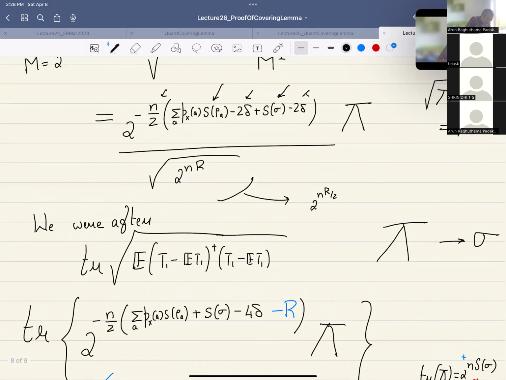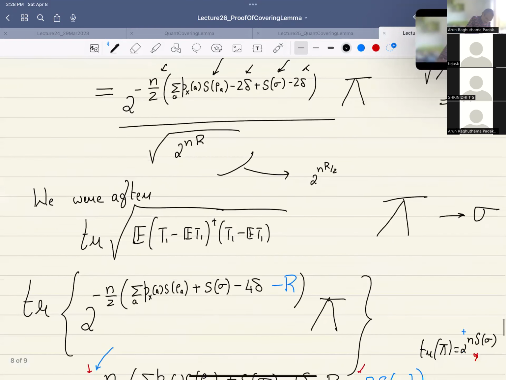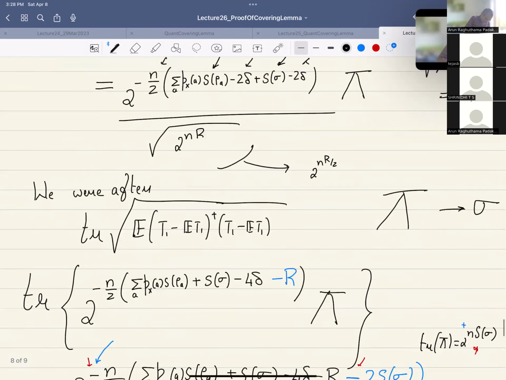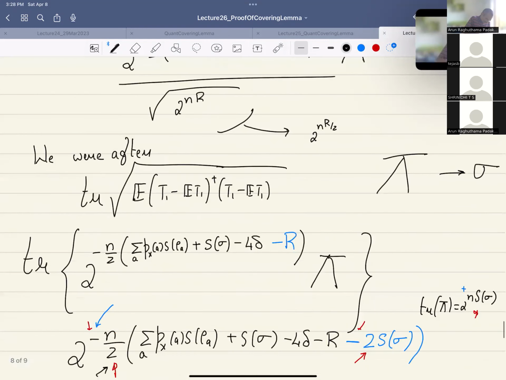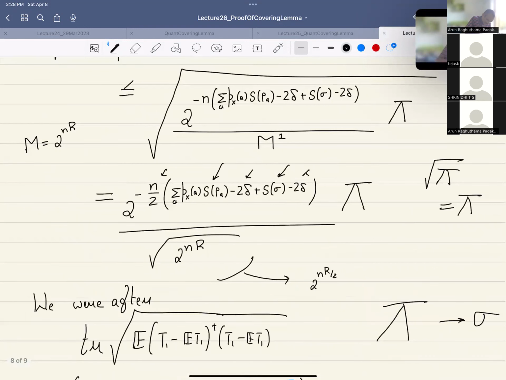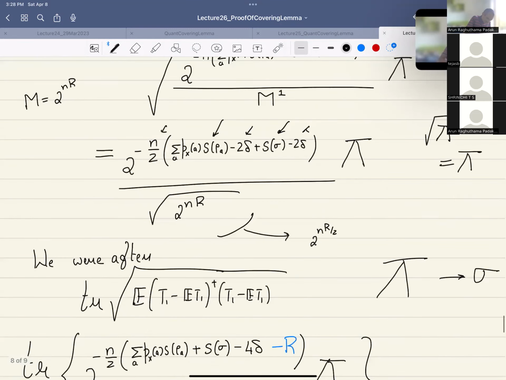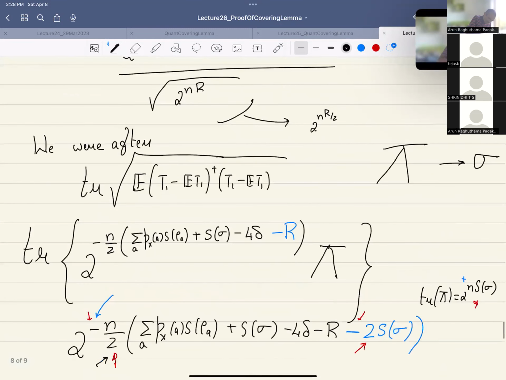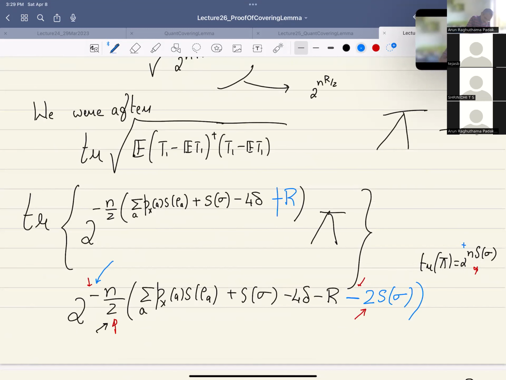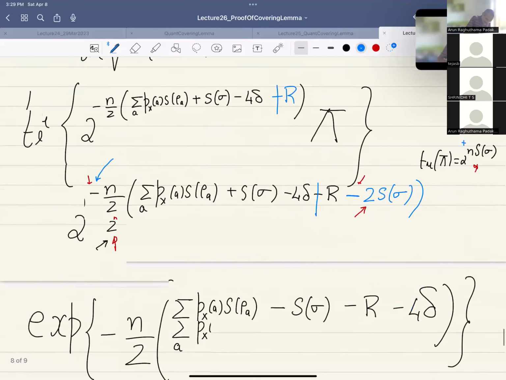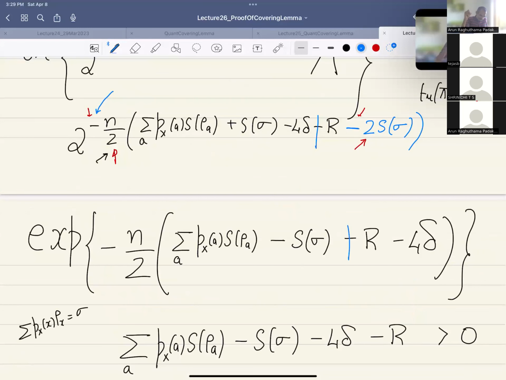So when it goes to the top, it becomes negative, which means it has to be positive. See, here, at the top, it is 2 power minus nR by 2, right? So this has to be positive. That's why I was wondering what's going on.